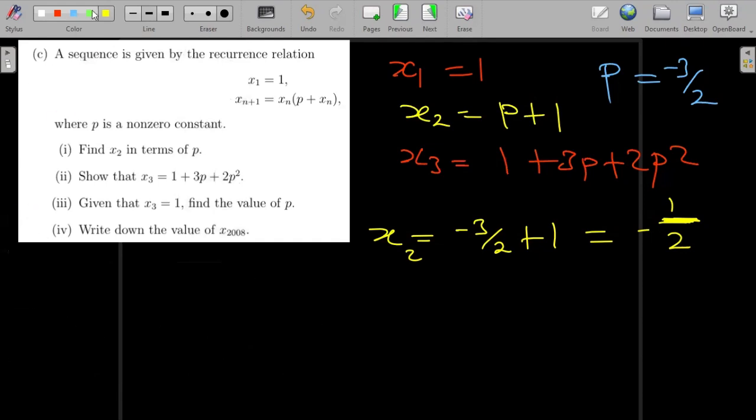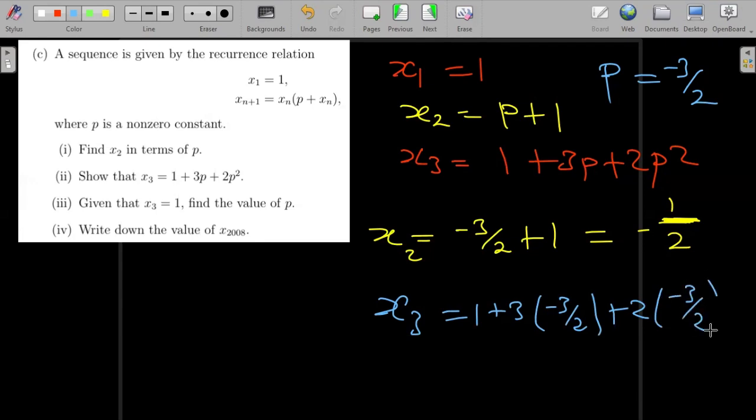What about x3? x3 is equal to 1 plus 3 multiplied by p plus 2 multiplied by p squared. Let's simplify it. We're going to get 1 minus 9 over 2 plus this one here.